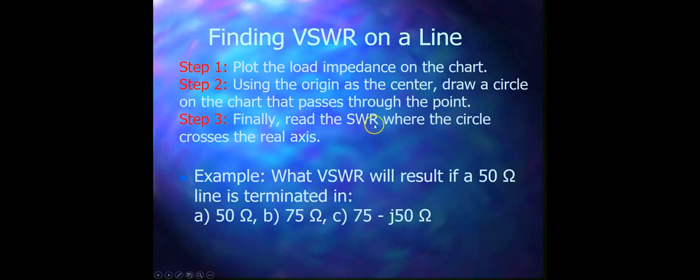Finally, read the standing wave ratio where the circle crosses the real axis. So we're going to see the voltage standing wave ratio with this example, and here the characteristic impedance is given as 50 ohm, and we are going to see each of the three cases.